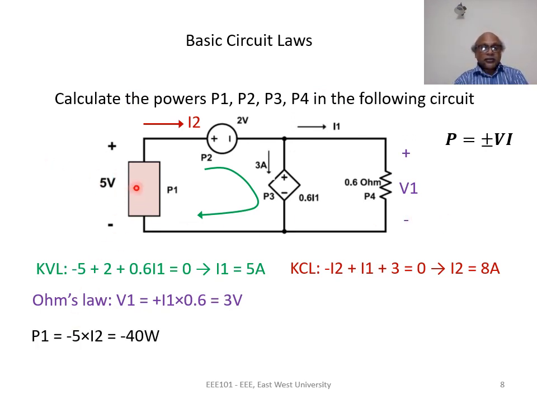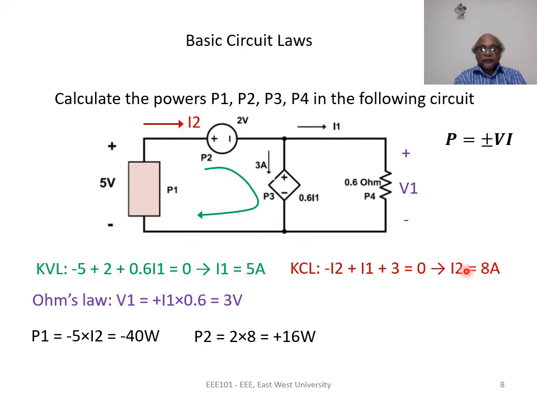P1 is, the current is I2, 8 ampere, and this voltage is 5 volts. So minus 5 I2 is minus 40 watts. Negative sign tells us that this power is supplied. For element 2, the voltage is 2 volt, the current is I2.